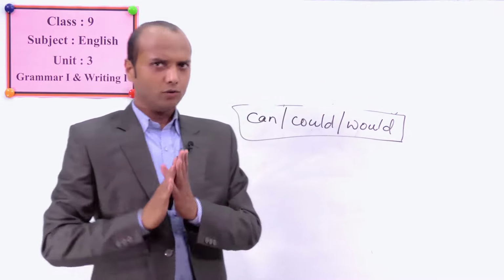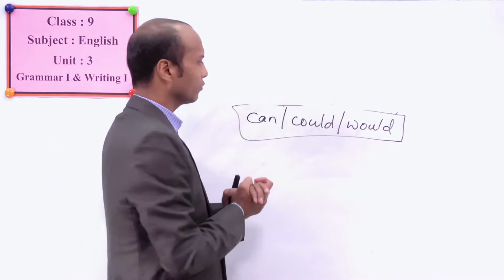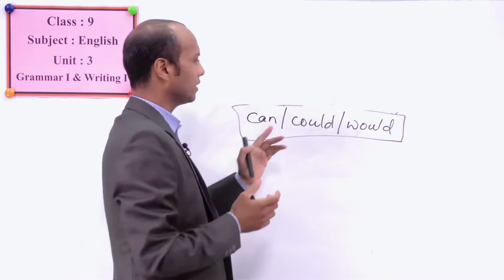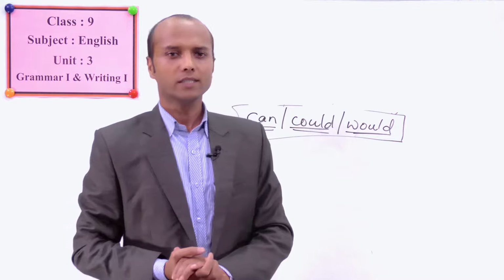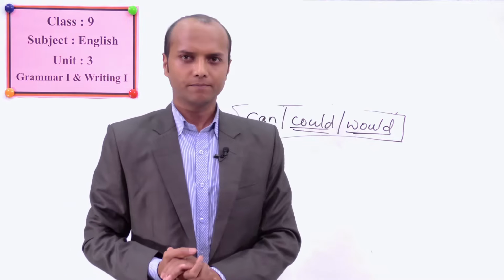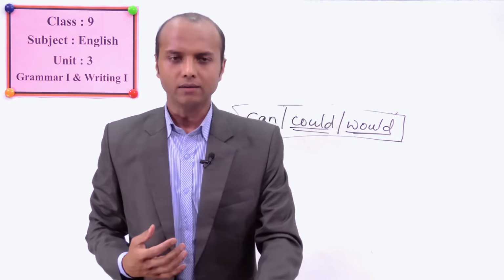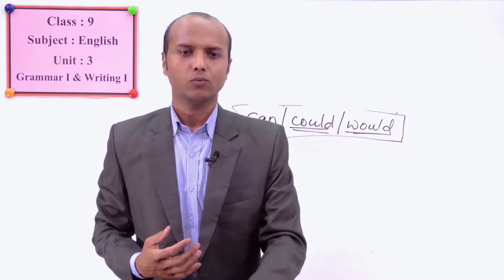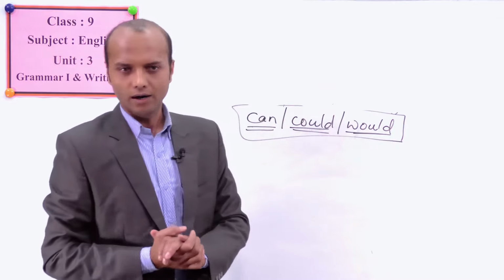You might have a certain guess about what we are going to discuss within grammar. Today we are going to discuss the use of can, could, and would, dear students. You might have some ideas about what they actually are, but for the time being, let me make you clear about what they actually are.